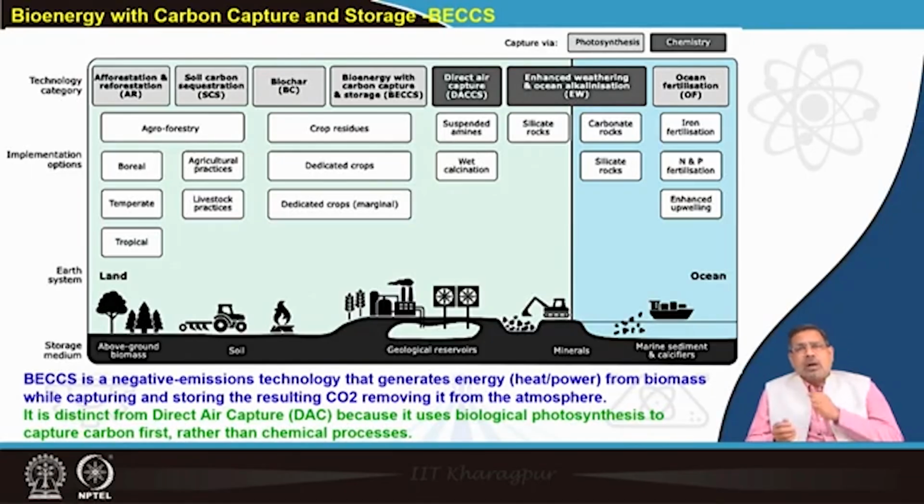And moving on to the ocean fertilization, we know that the carbonate rocks and silicate rocks release the carbon, which cycles in the ocean or the marine system. So it also involves the iron fertilization, nitrogen phosphorus fertilization, and also the upwelling or downwelling process, whatever variation is concerned. So that deals with the oceanic chemistry.